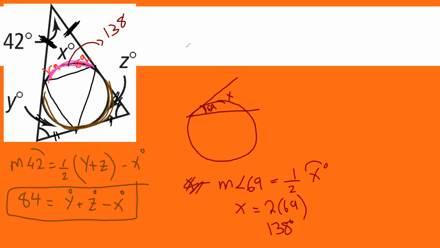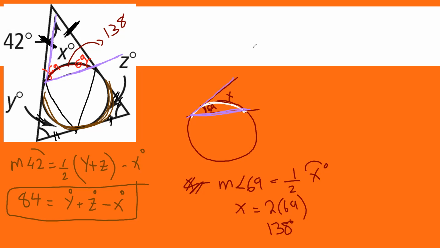Is it clear? Teacher, how did you know to treat it as a tangent and a chord? Look at arc x here. This is arc x. Here you have a chord, and here you have a tangent line that touches the circle.